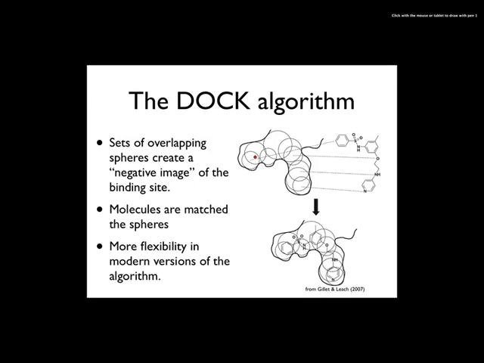And what you do is you fill these spheres up and you create a negative image of the binding site. So these spheres here are all generated to figure out how much space you have.